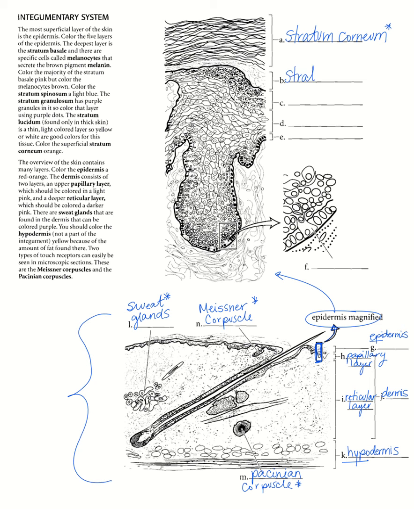However, the stratum lucidum depends on where you're at in the body. The stratum lucidum is only going to be present in areas of your body that have thick skin.